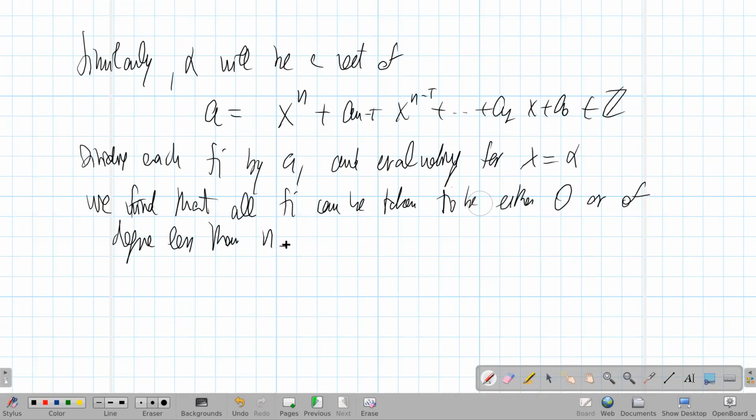It's very similar to what we did with beta and the polynomial B, and here we do it with alpha and the polynomial A.